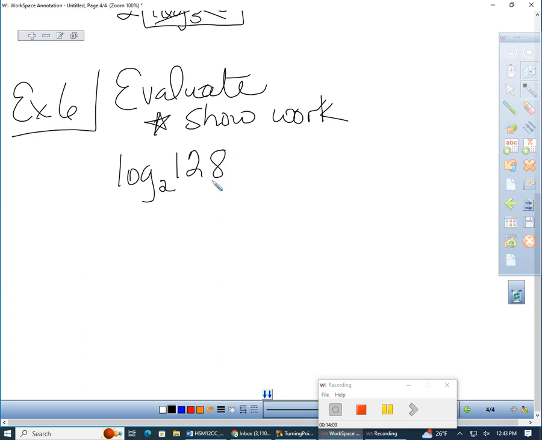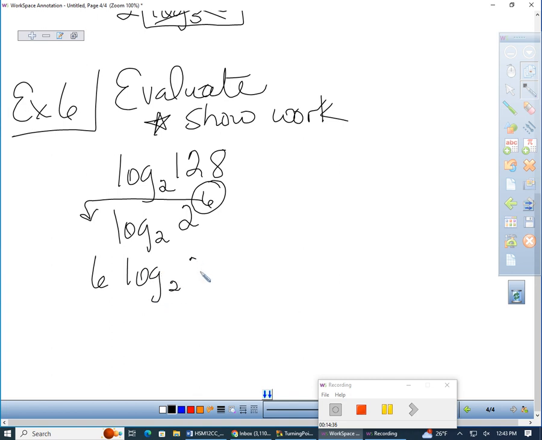We'll do an easy one. So what is the base we want to get to for 128? 2 to the 6, correct. So this is log base 2 of 2 to the 6. Then that 6 is going to go out in front. So I have 6 log base 2 of 2, and this cancels. That equals 6.